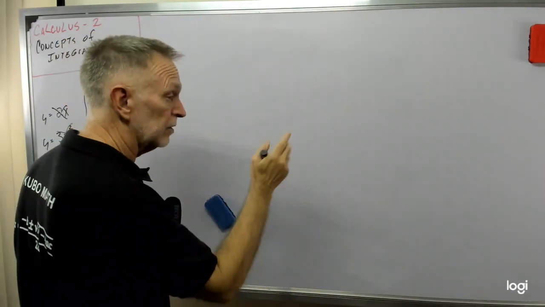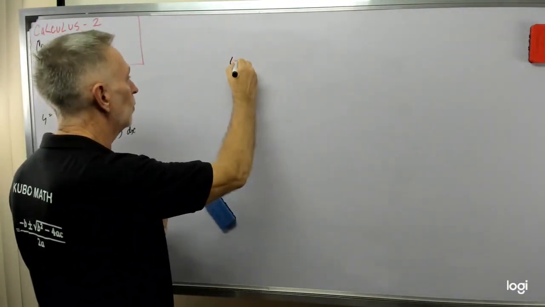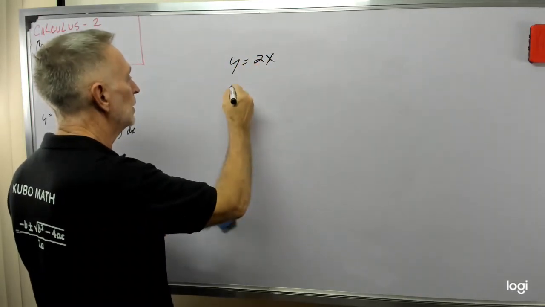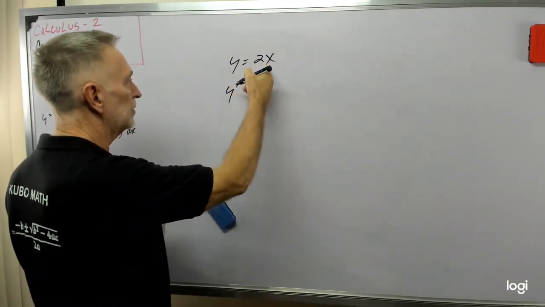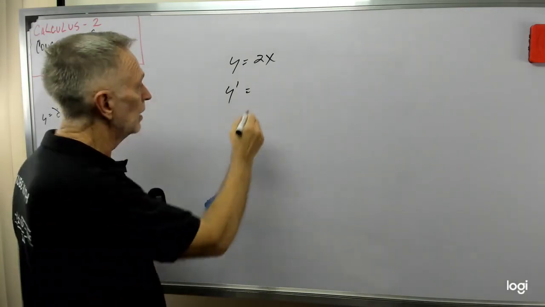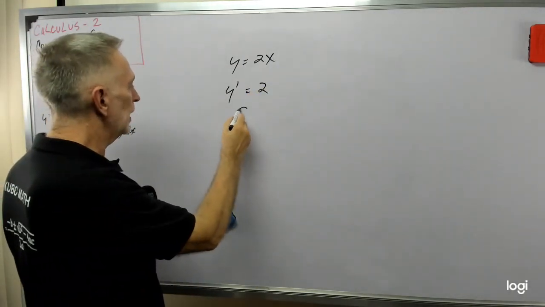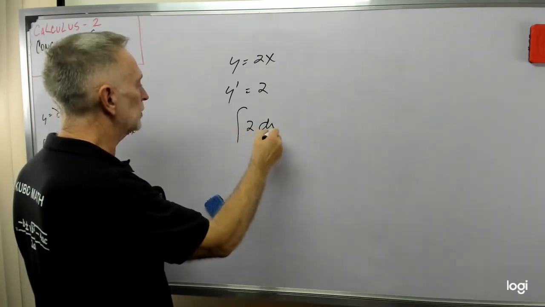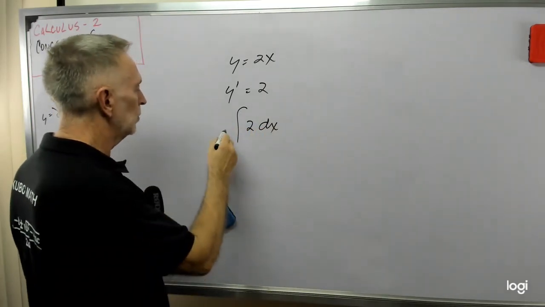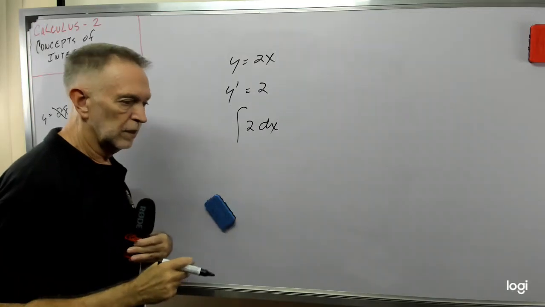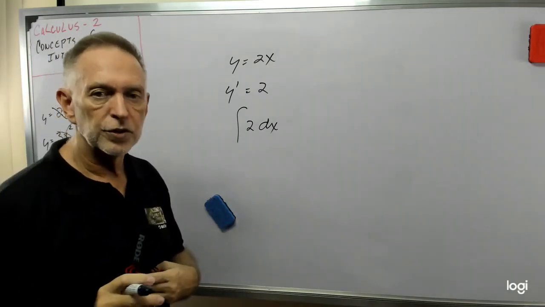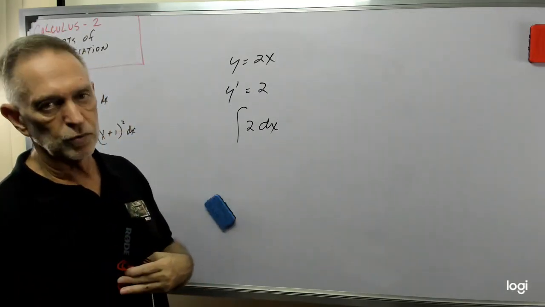What if I had, though, let's say y equals 2x, and y prime, I take the derivative of that. Well, that just gives me 2, right? What's the integral of 2 dx? Well, in differentiation, you had the constant multiple rule.